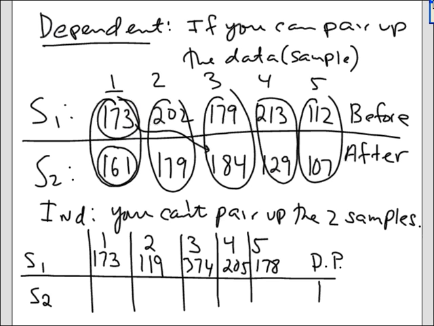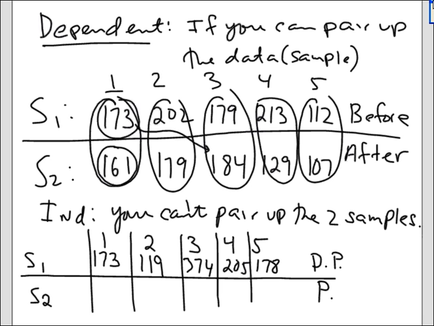The second sample also had 5 people, not the same 5 people in sample 1. And these 5 people took placebos. They took sugar pills. They didn't take any diet pills.